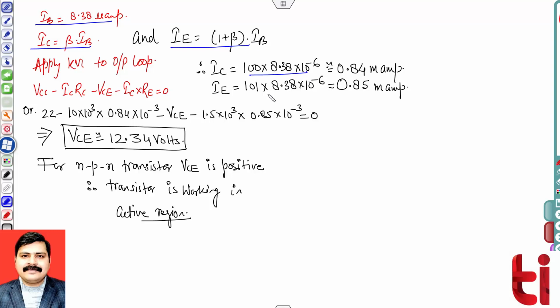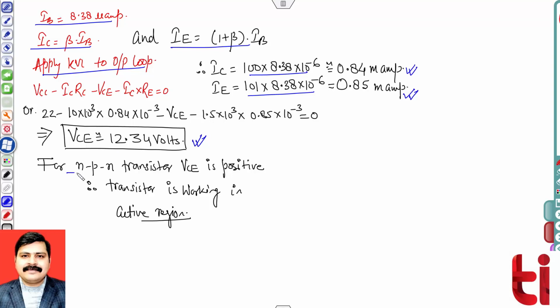By putting in all these components, I am having IC equals 0.84 milliampere, IE equals 0.85 milliampere. Now, apply KVL to the output loop in order to find the operating point. By solving this, I have calculated my VCE equals 12.34 volts.